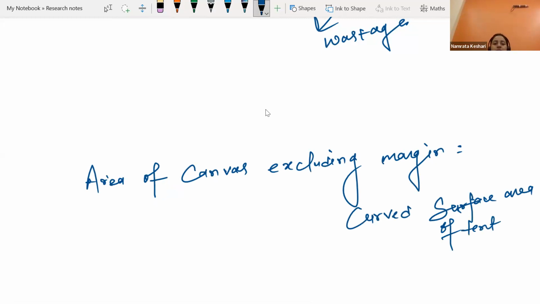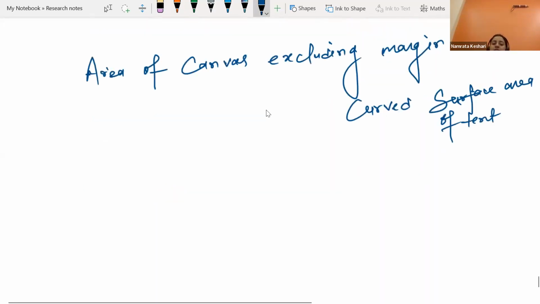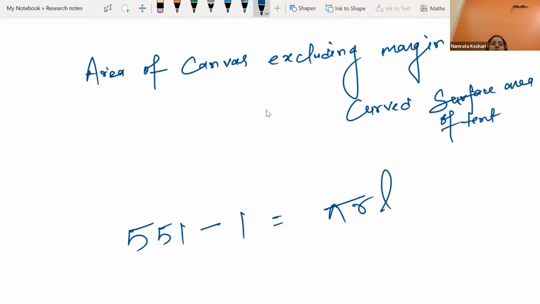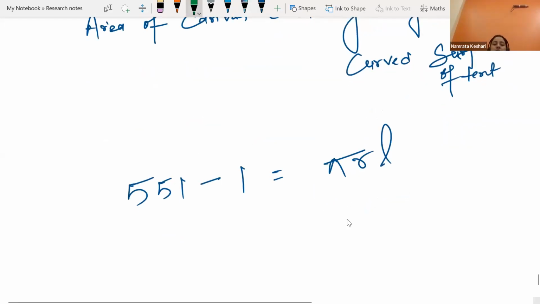That means 551 minus 1 is equal to pi r l, is the formula, right? Yes, ma'am. Okay, so we'll be finding 550 is equal to pi.